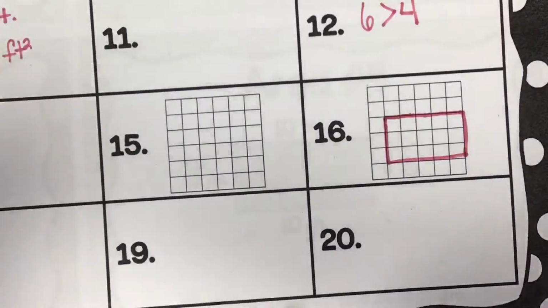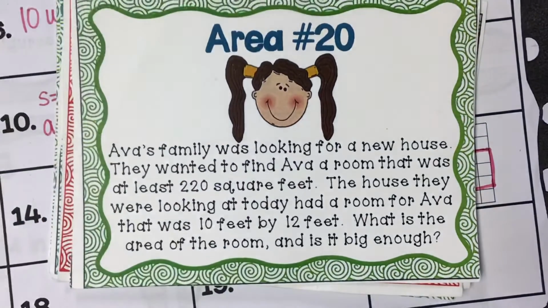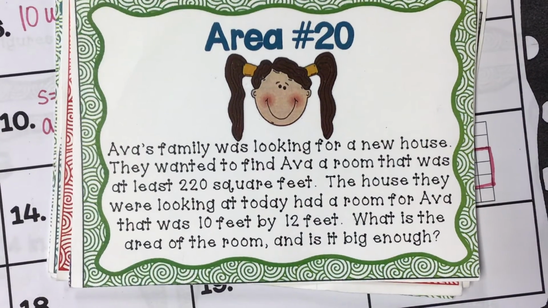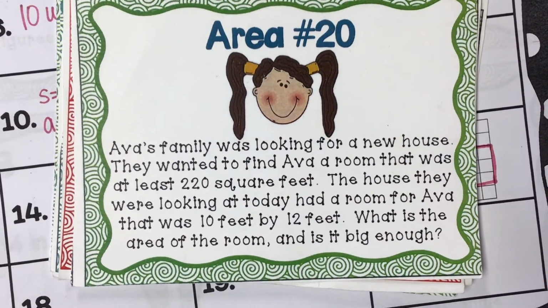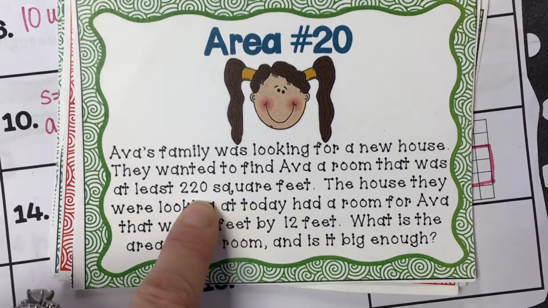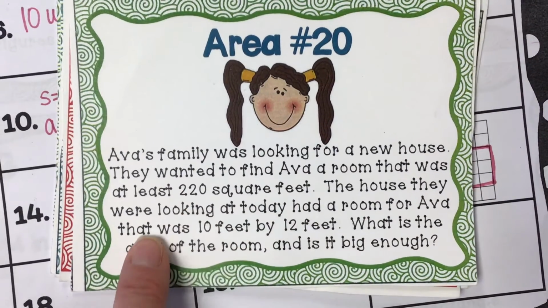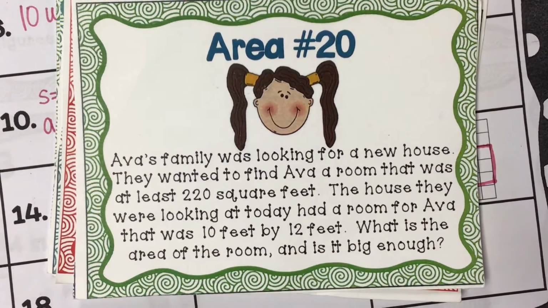Okay, we have our last one, number 20. Ava's family was looking for a new house. They wanted to find Ava a room that was at least 220 square feet. The house they were looking at today had a room for Ava that was 10 feet by 12 feet.